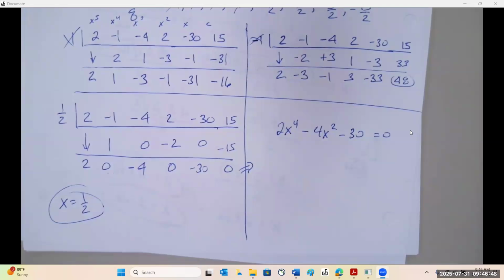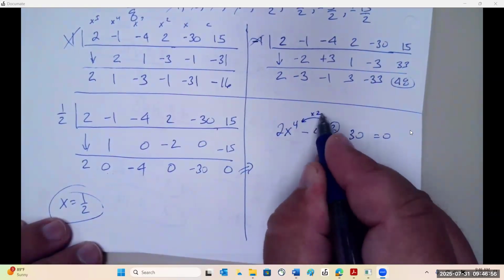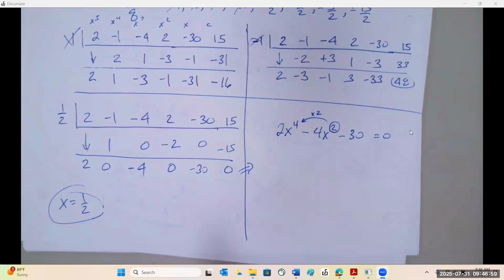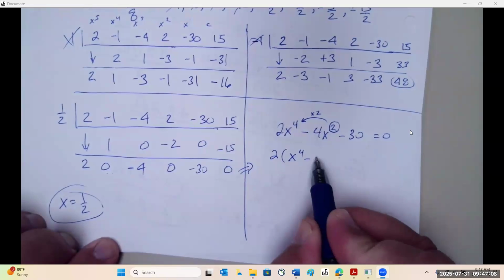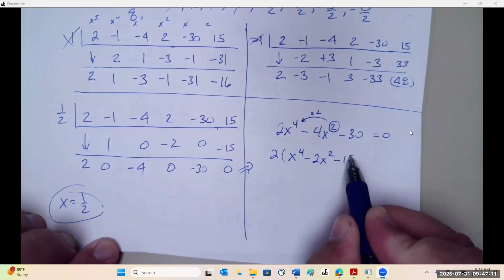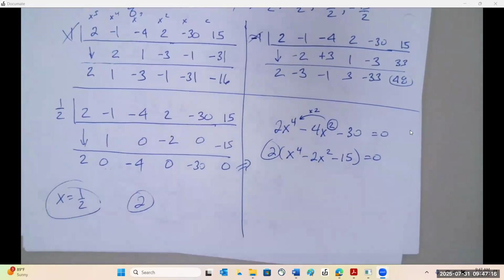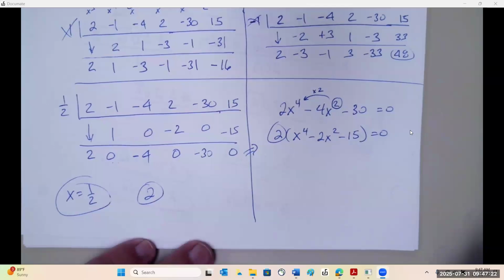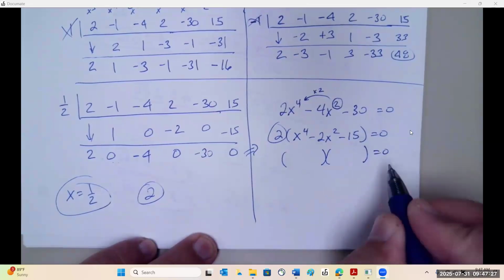It's quadratic in form, because the power here times 2 equals 4, and there's only 3 terms. So we can use the quadratic formula here. But before we do that, we can factor out a 2. So this is another number that we have to put in our factors. Actually, we need a quadratic formula for this one.